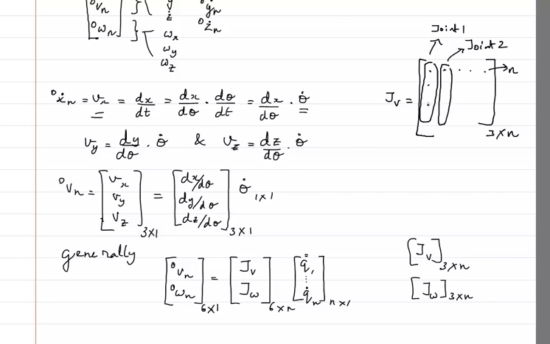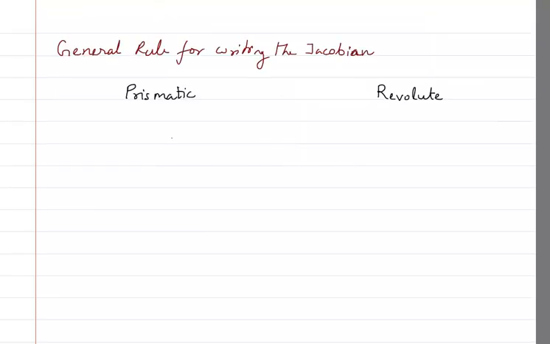Now what I am trying to show here is what the column will be if the joint is prismatic.